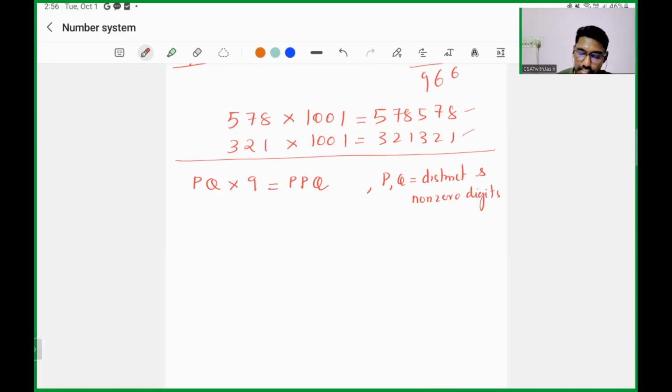You need to find out what is P plus Q. Your options are 7, 8, 9, and 11. Just try. PQ into 9 is PPQ, where P and Q are distinct and non-zero digits. You need to find out what is P plus Q.